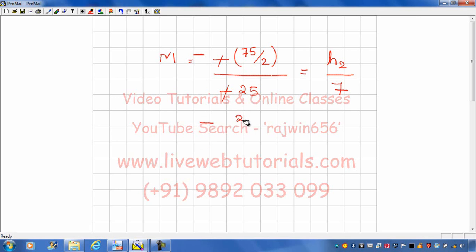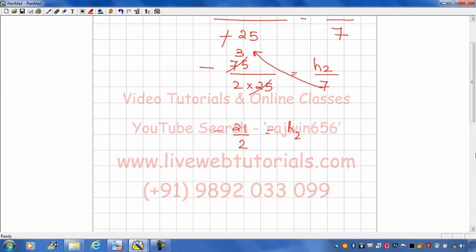Okay, I can write this as 75 by 2, that 25 remains in the denominator. 25 3s are 75. I can bring this 7 up. So 3 multiplied by 7, that is going to become 21 divided by 2, that is h2.